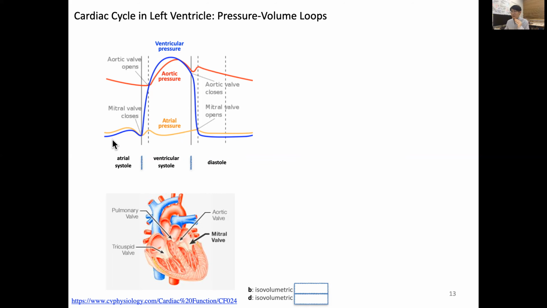So initially, the left atrium is at higher pressure than the left ventricle. So during this filling, the mitral valve is opened. You can see the left atrium is only slightly higher pressure, which makes sure the mitral valve opens.